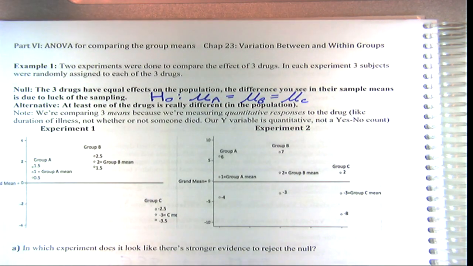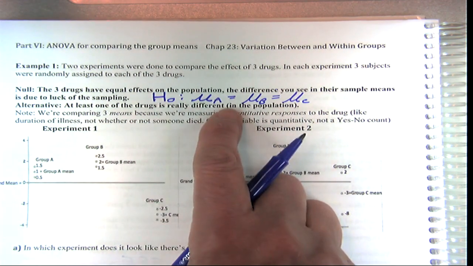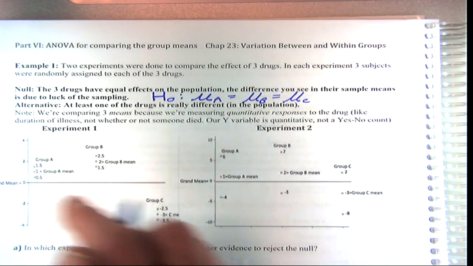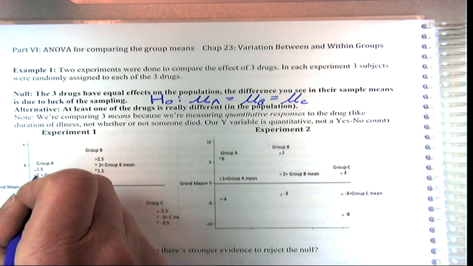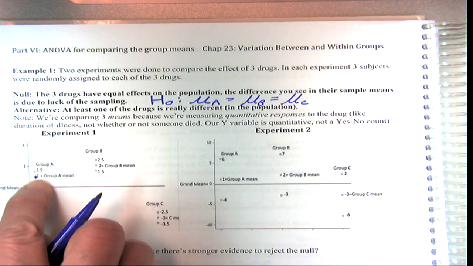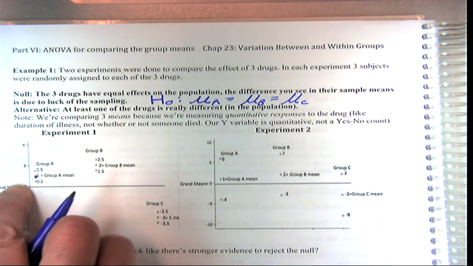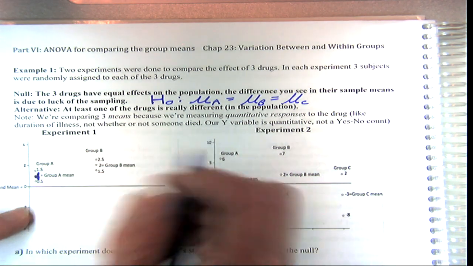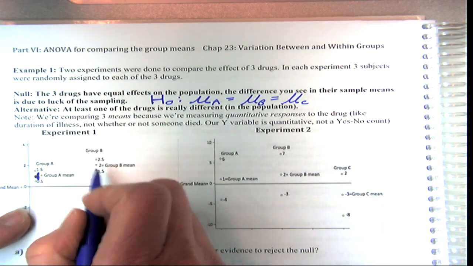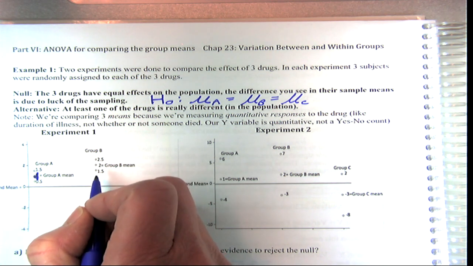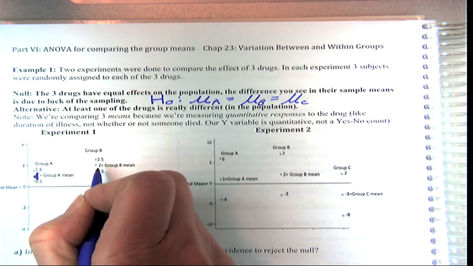And the null is that, look, what are these group means? A, B, and C. Here, for this experiment, the average response of these 3 people to the drug was 1. And for group B, that was another drug, and the average response between the 3 people who took group B was 2.